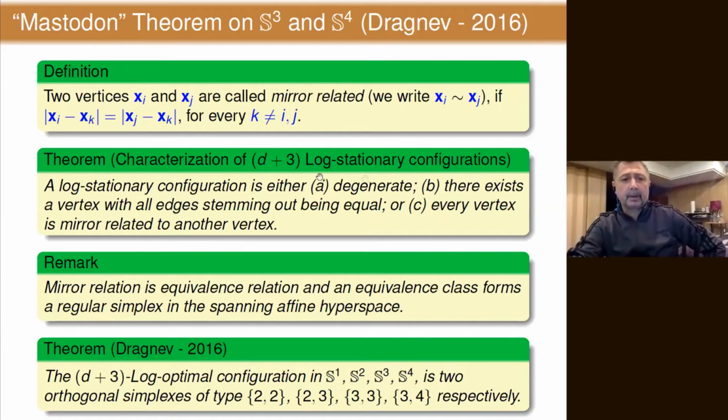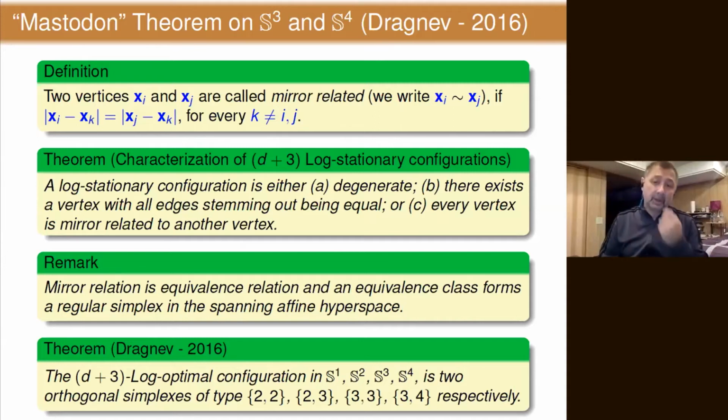And the characterization of D plus 3 log stationary configurations is the following. A log stationary configuration is either degenerate, so think the pentagon on the equator, that would be a degenerate configuration. Or there exists a vertex with all edges stemming out being equal. This is the 1-4 pyramid or the square pyramid. Or every vertex is mirror related to another vertex.